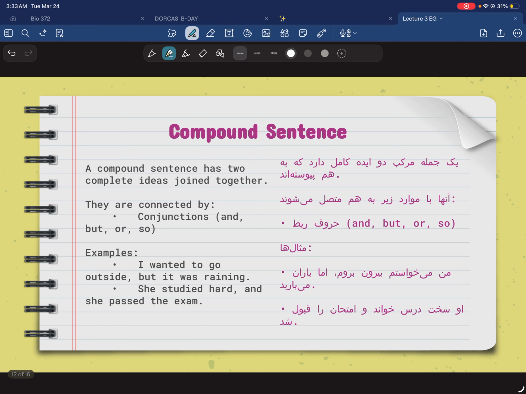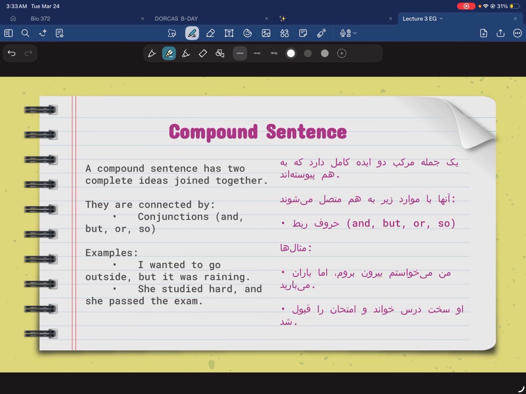All right. And then the next thing that we're going to learn about is the compound sentence. So a compound sentence has two complete ideas joined together. They are connected by words like and, but, or, so. So we learned about this also with the first lecture, basically, with the conjunctions.